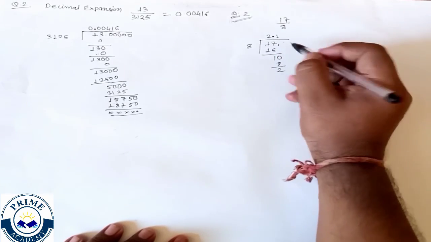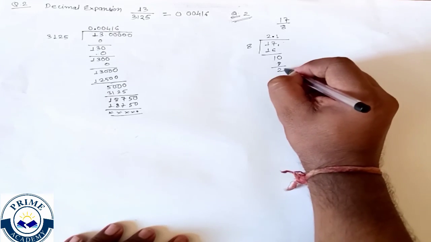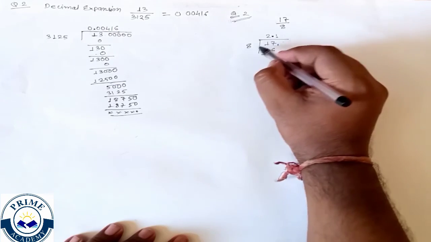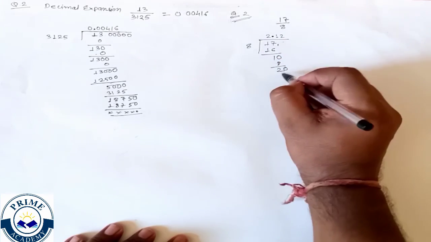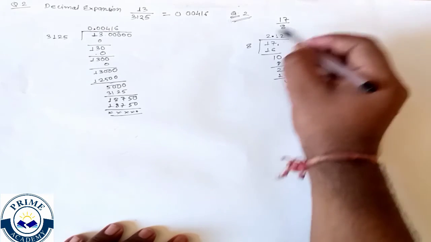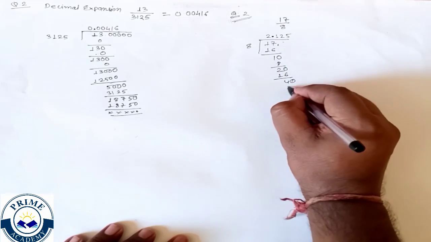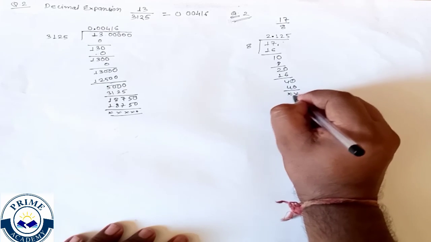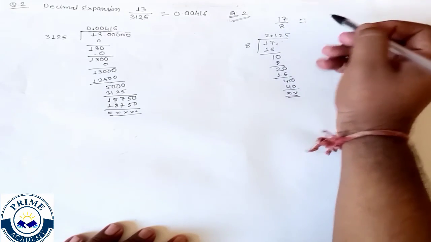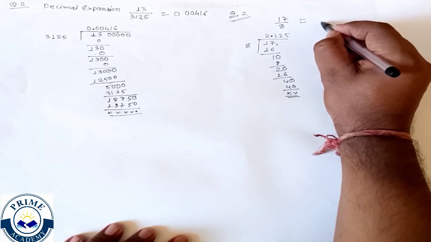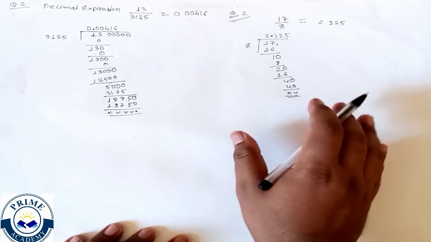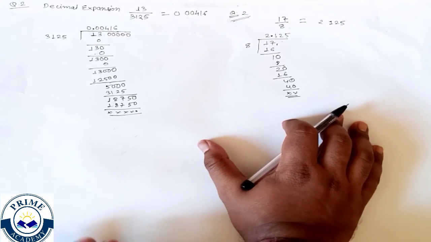Again take 0 after the decimal: 2 times 8 is 16, 4 remainder. Again put a 0, 8 fives are 40, so this will be 0. So the decimal expansion of this is 2.125.